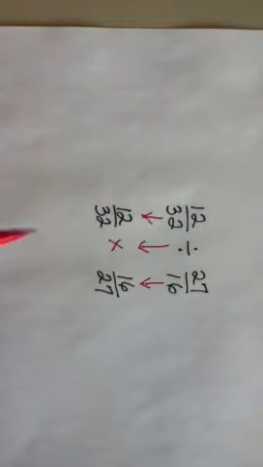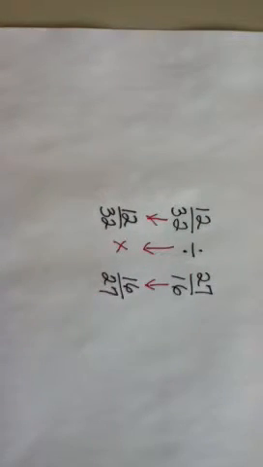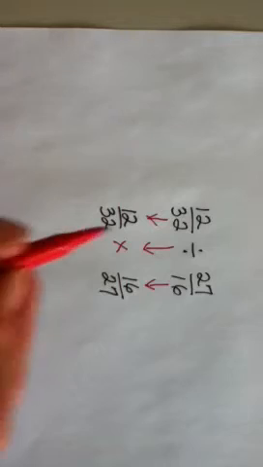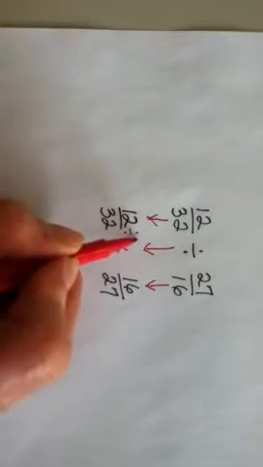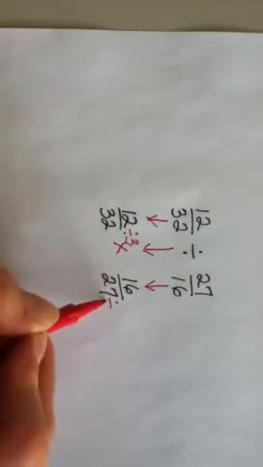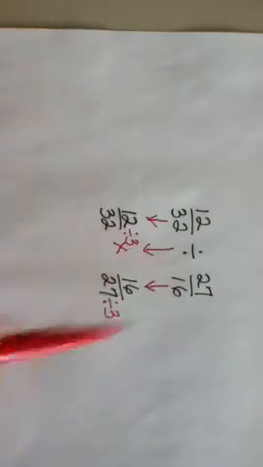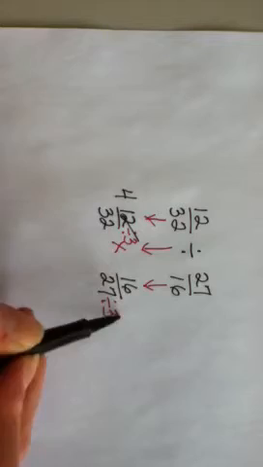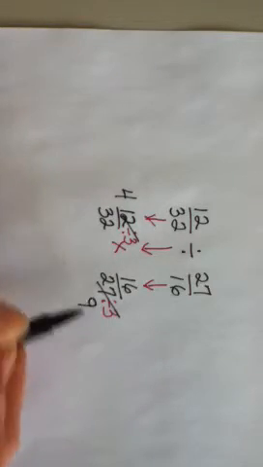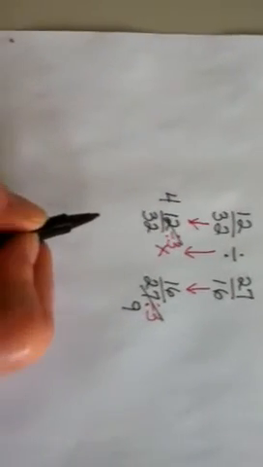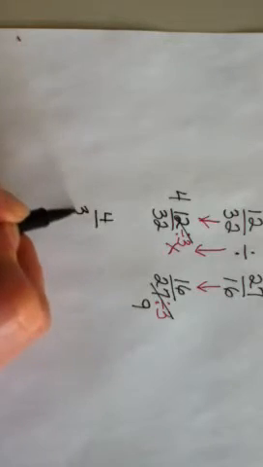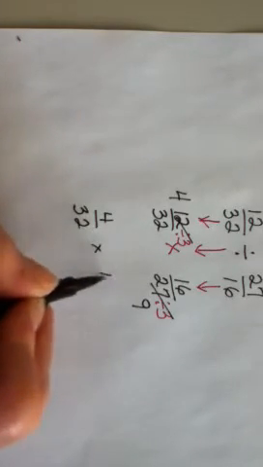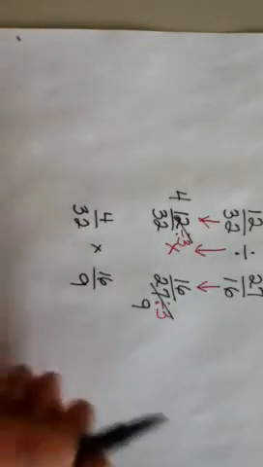So if I look at the 12 and the 27, is there anything that they have in common? Well, I can divide both of those numbers by 3. 12 divided by 3 is 4. 27 divided by 3 is 9. So now I have 4 over 32 times 16 over 9.